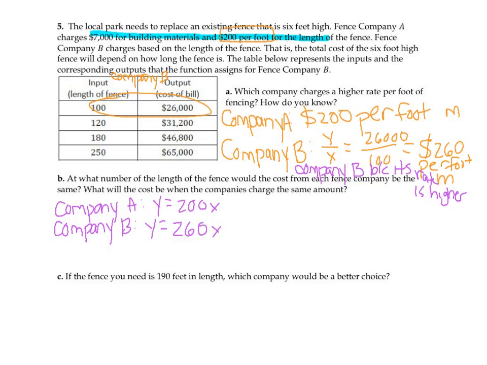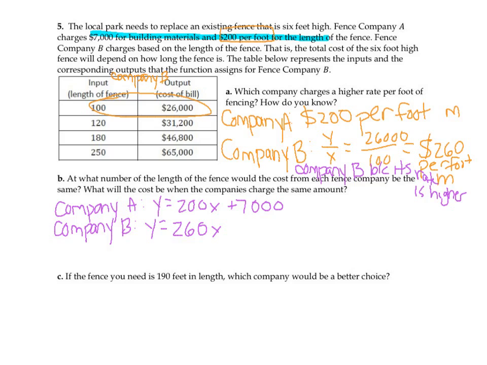So that's going to be our b, because they're charging $7,000 for the materials, and then they're charging $200 per foot for the length of the fence. But Company B only charges based on the length of the fence, so you don't have to pay for any building materials like we do for Company A. So that makes our b, or our y-intercept, for Company B 0. So we don't even have to write that.